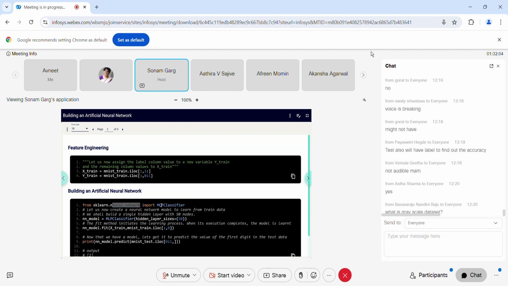From this package, we can import MLP classifier, generate a model, and specify the hidden layer sizes as well. Randomly here we have picked; usually you will see 50 here, it starts from 50. That is the number of hidden layers you want to keep in these models. Fit this model on the training data.